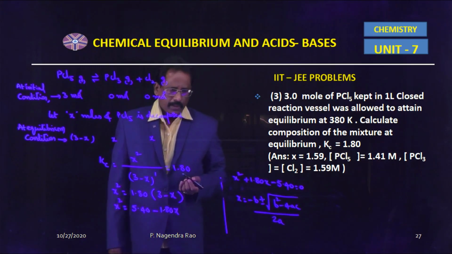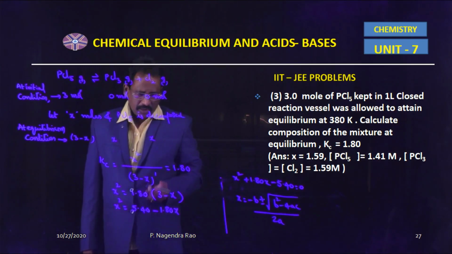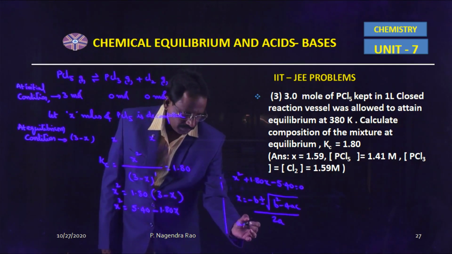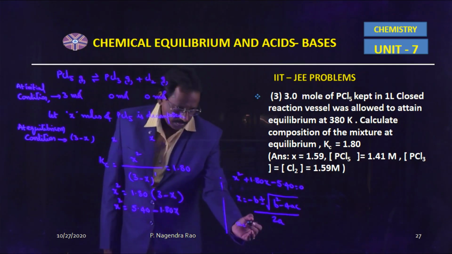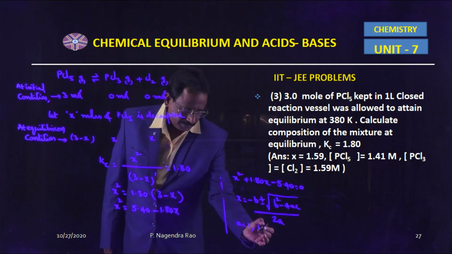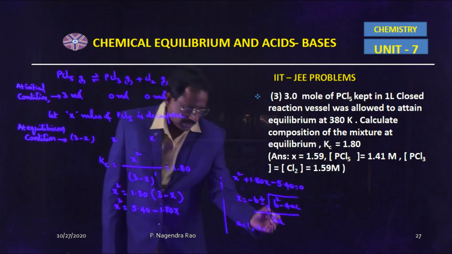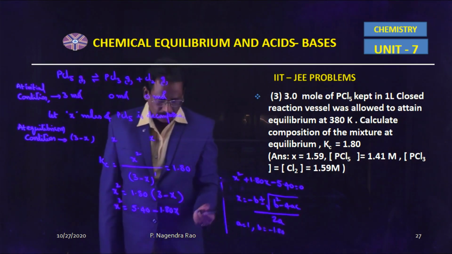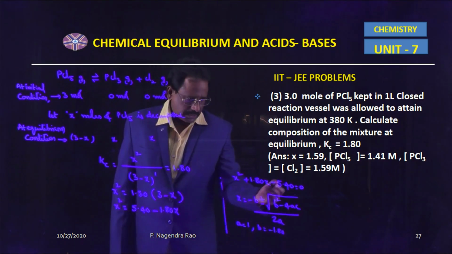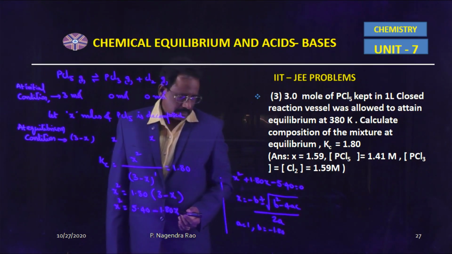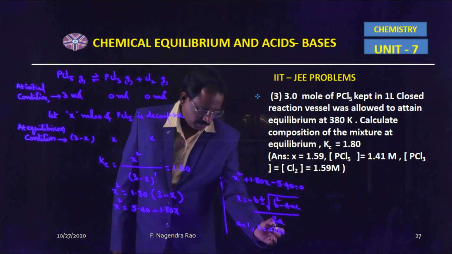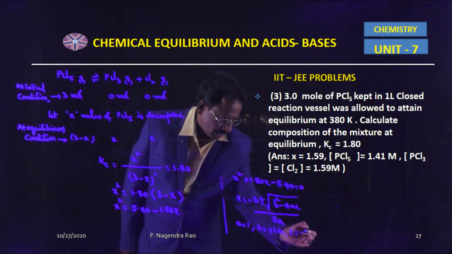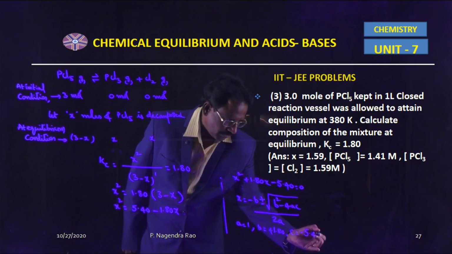Here the value of a is equal to 1 and b is equal to plus 1.80, and c is equal to minus 5.40.